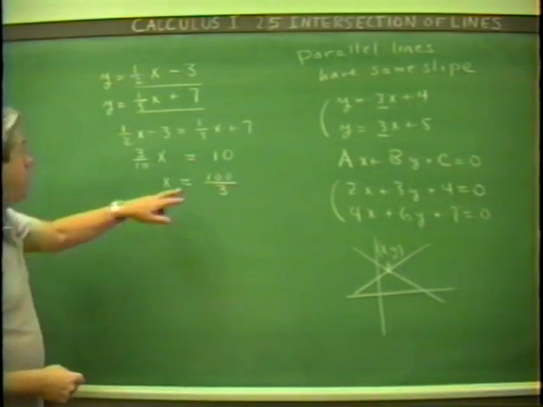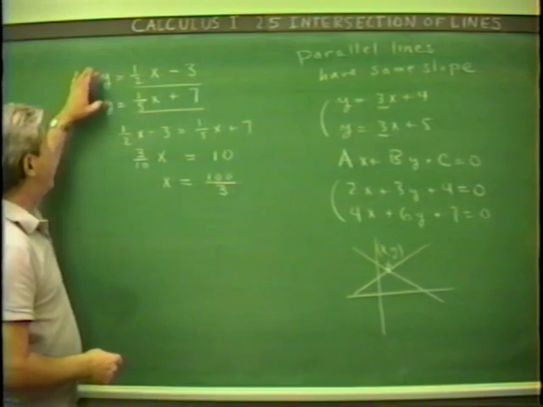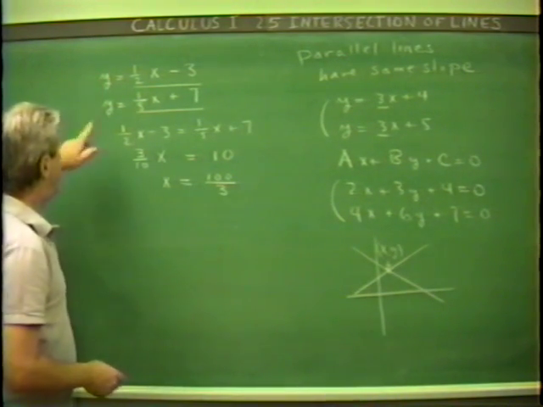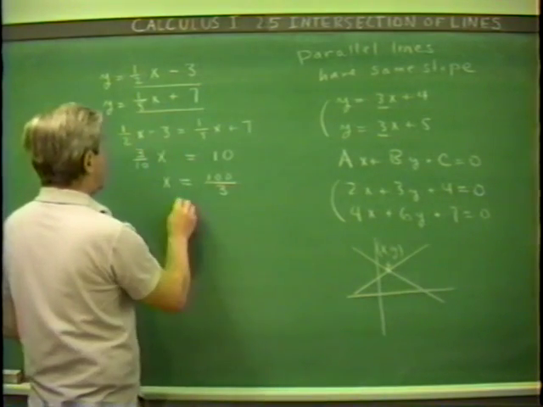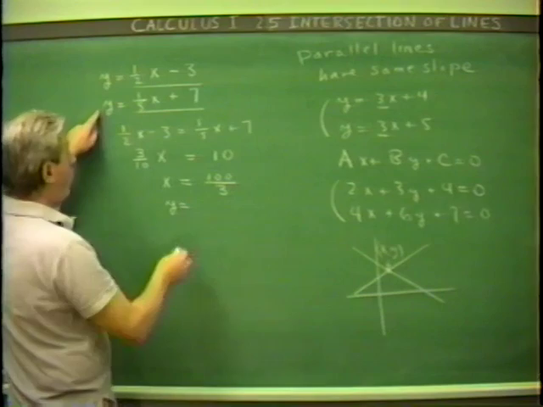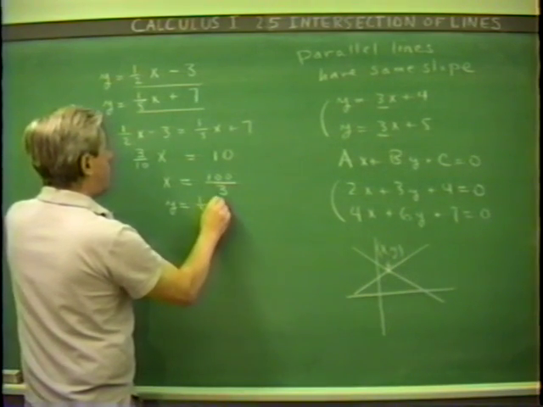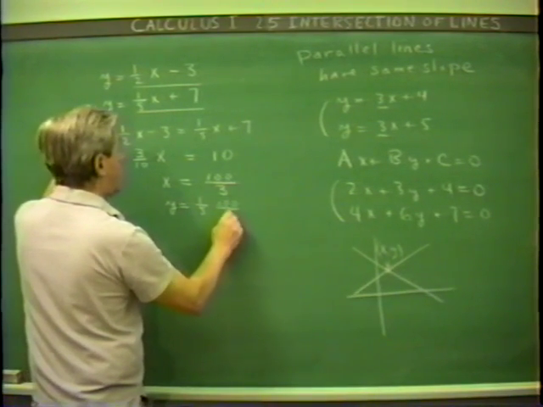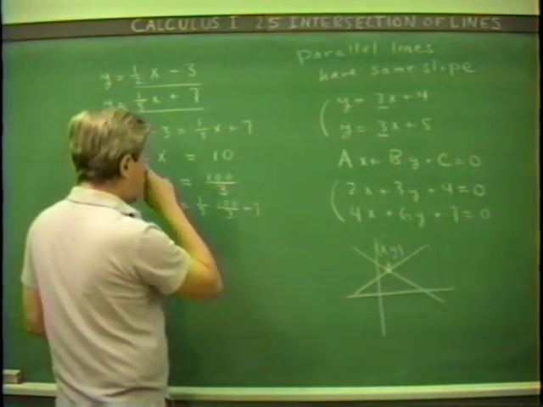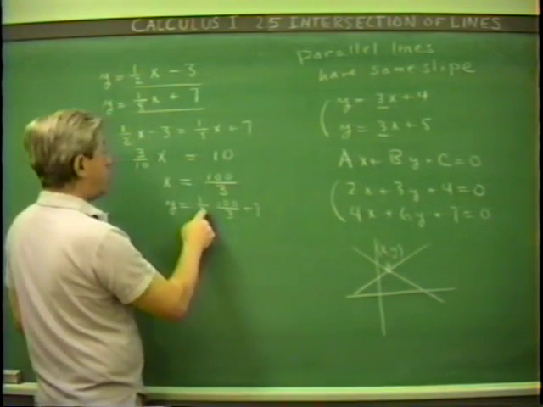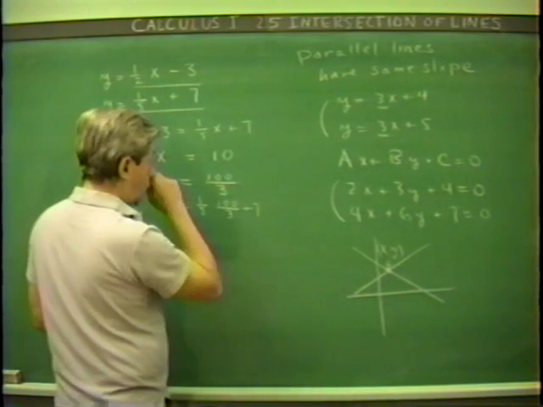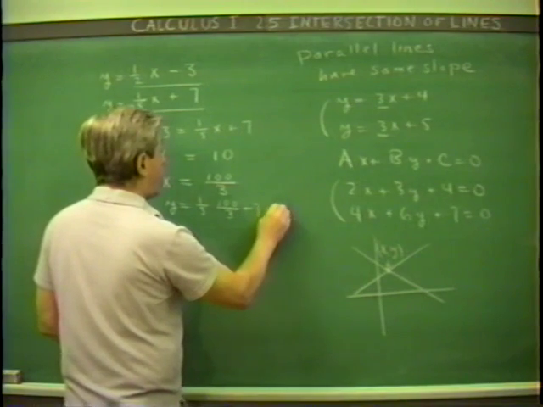Now if we put this number x back into either of these two equations, we're going to find one number y. In particular here, y is going to be equal to 1/5 times 100 over 3 plus 7. And then, what is this, 20/3 plus 21/3, this is 41/3.